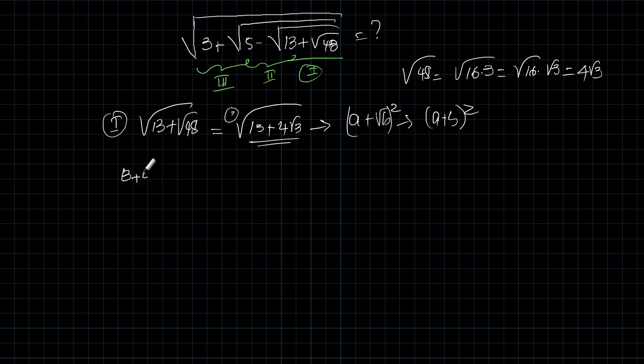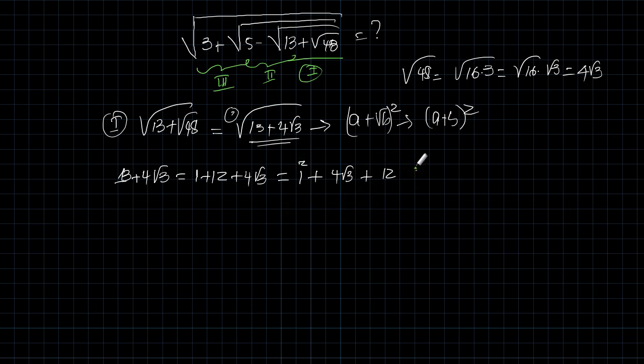13 plus 4 square root of 3 is the same thing as 13 is 1 plus 12, plus 4 square root of 3. Well, this is the same as 1 plus, I'm going to put this term in the middle, and then I have 12. So 1 is 1 squared, right?